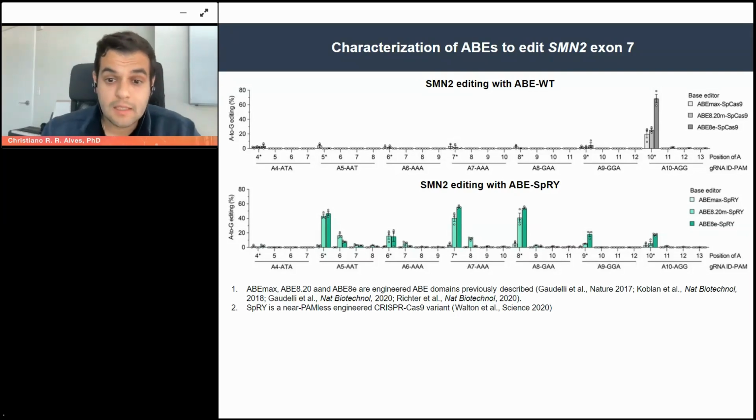When you look at guide A7, sometimes you see some bystander editing, meaning editing in the other adenines that we're not interested in. But with A8, we actually have precise on-target editing with minimal bystander editing, if any.